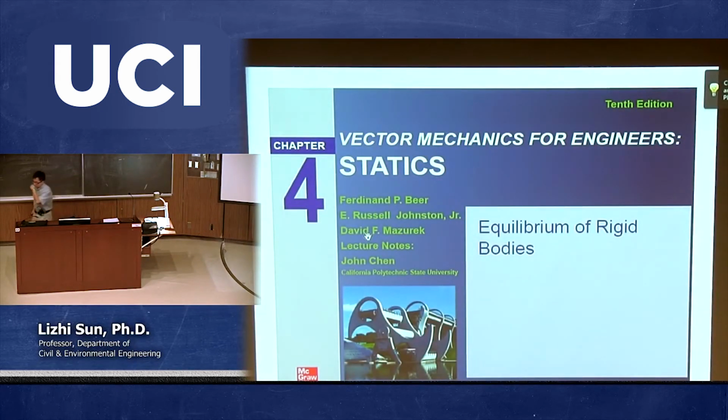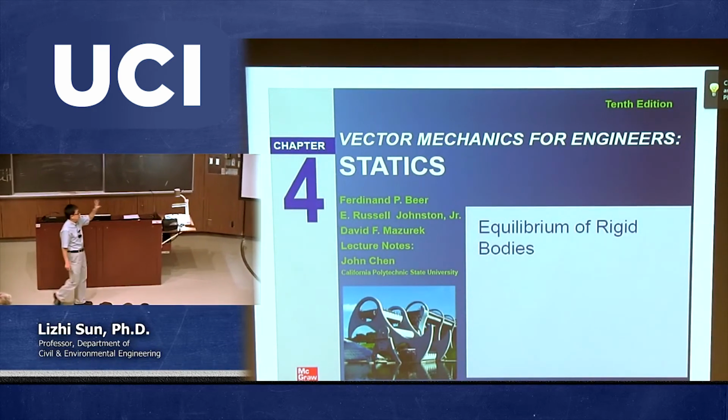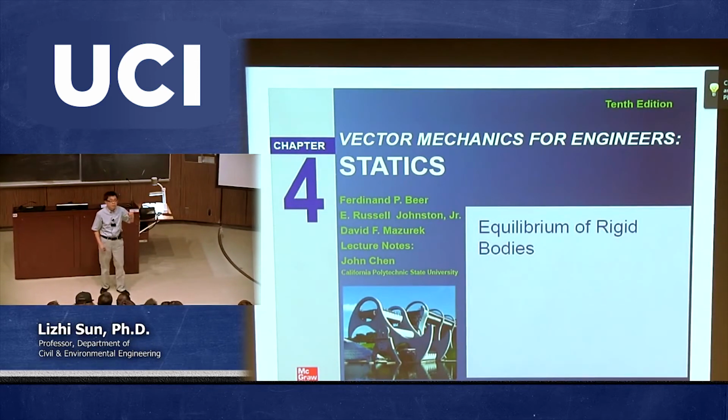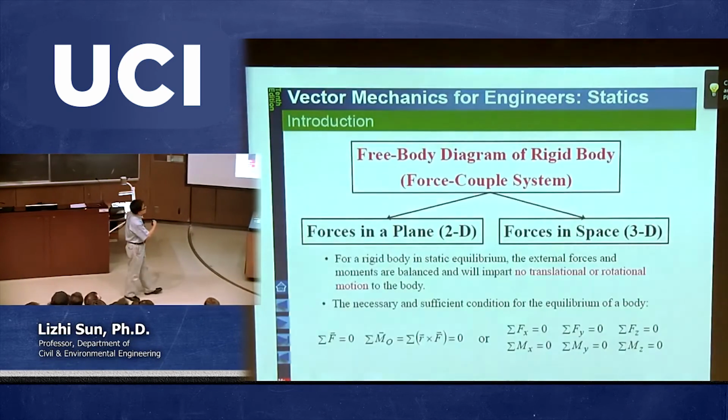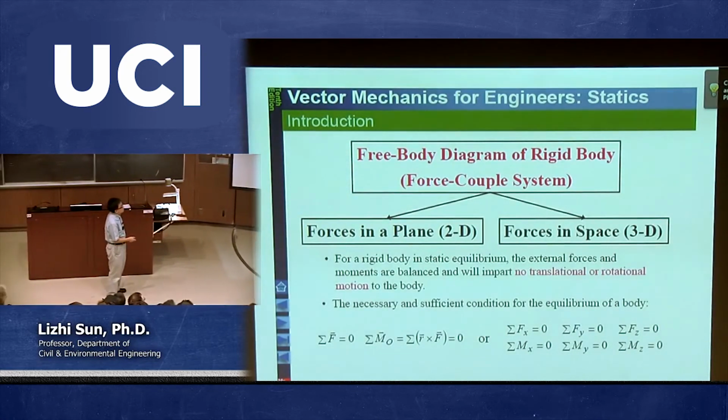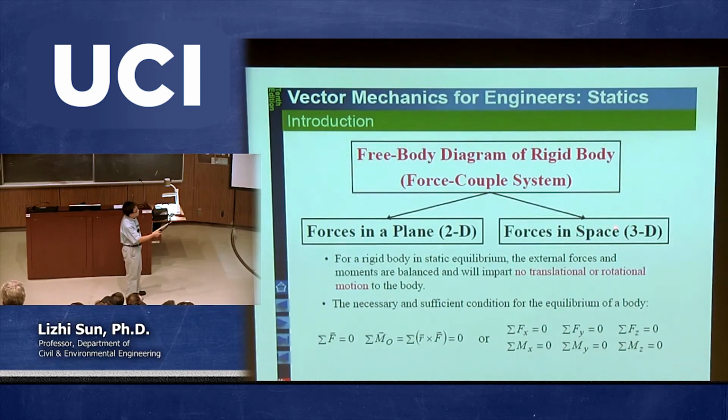Okay, so now we move to the key part, which is chapter 4. Chapter 4 is the key for this class, but actually it's very straightforward because basically we talk about 2 cases, right? One is a 2-dimensional case, one is a 3-dimensional case. For 3-dimensional case, we'll talk about this first, okay? For 3-dimensional case, you finally end up with the 6 equations.